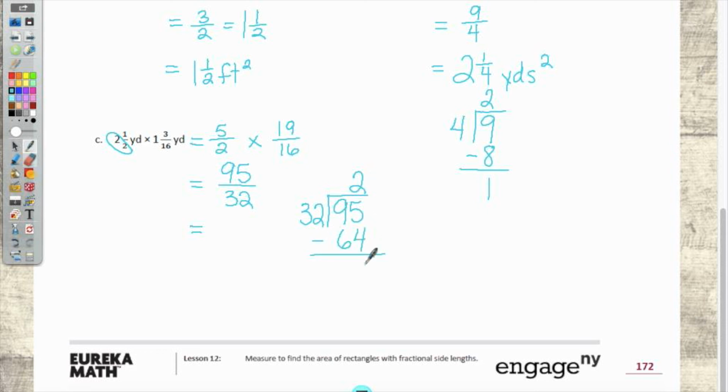Now subtract. Do you agree? Yes. Yep. 2 and 31/32. Okay, that's where we're going to stop today.